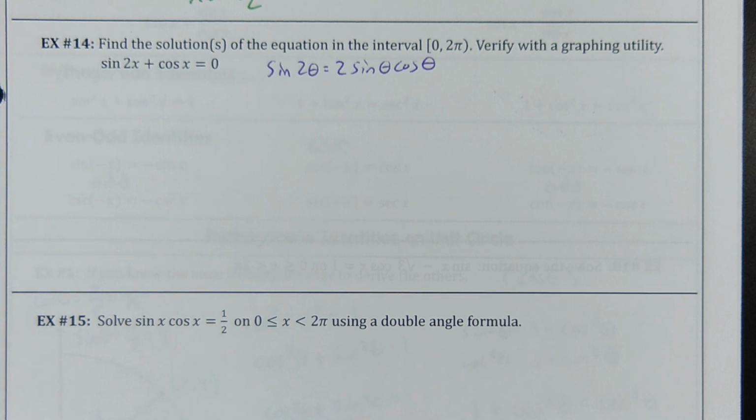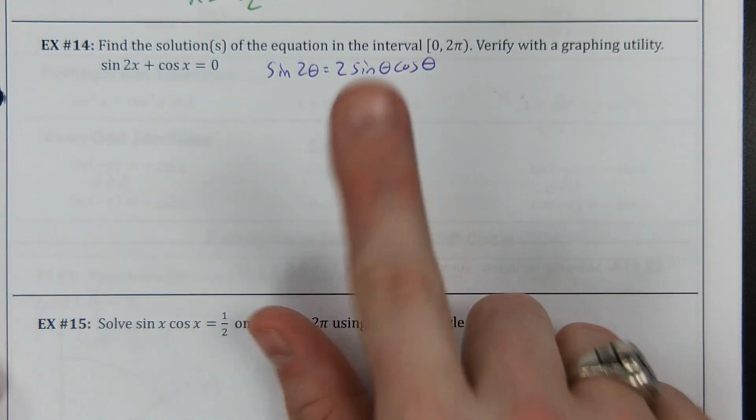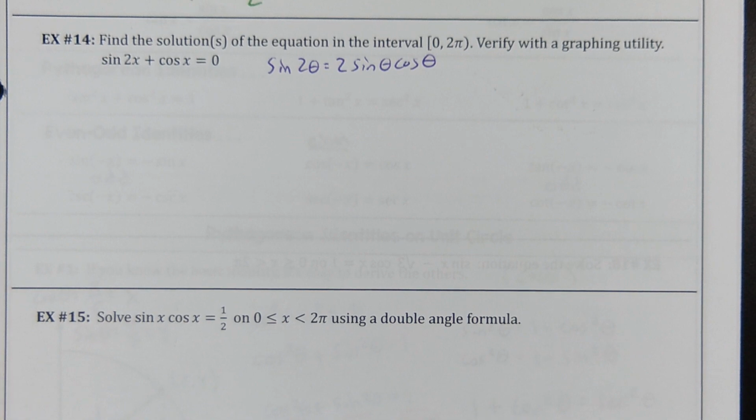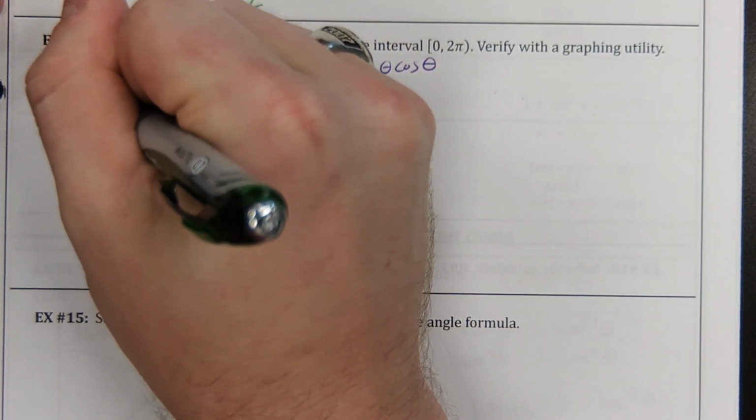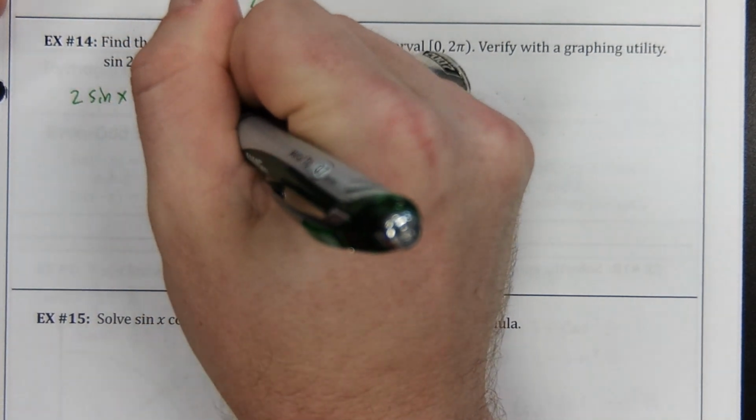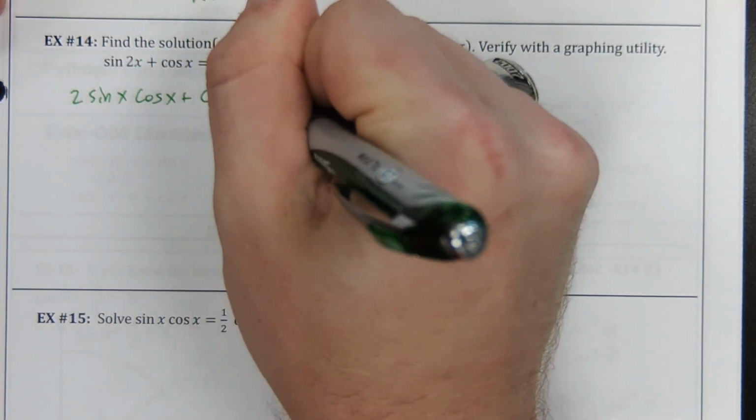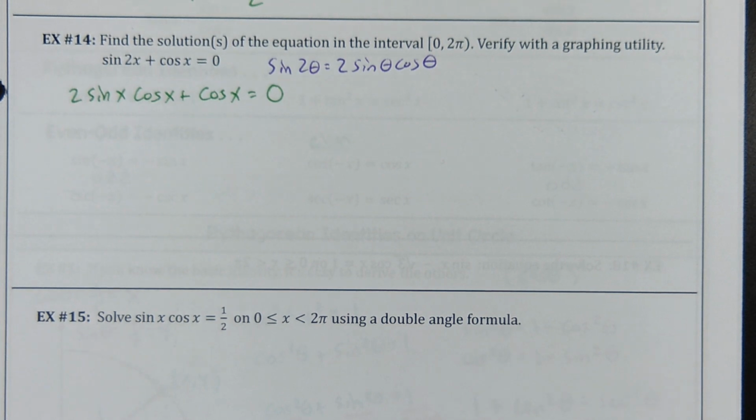That means we can replace sine of 2x with 2 sine x cosine x. So we just made a replacement. We substituted in for sine of 2x. And we're trying to solve this thing. It happens to be set equal to 0.